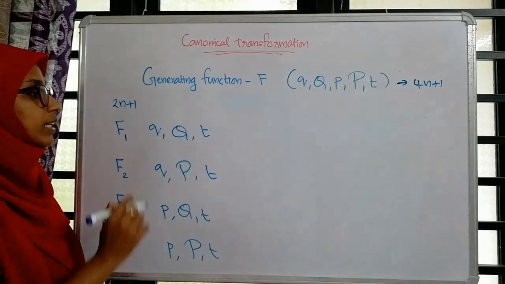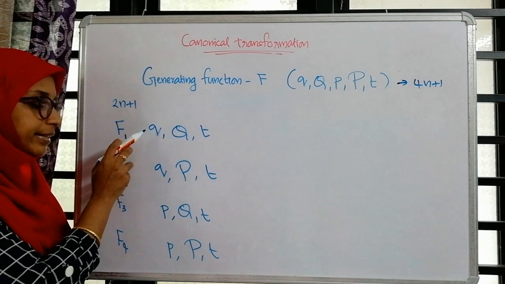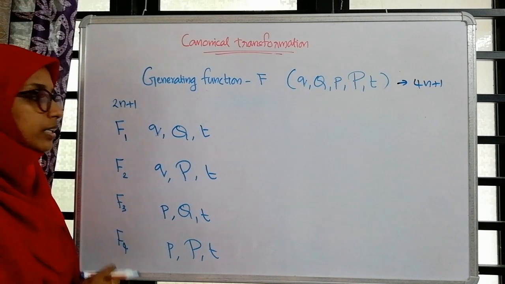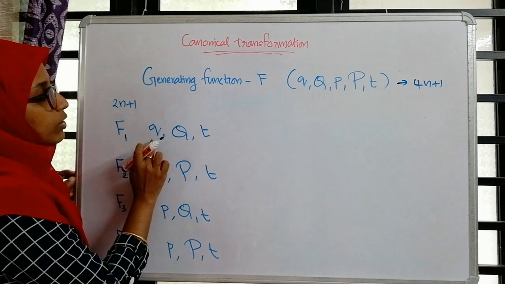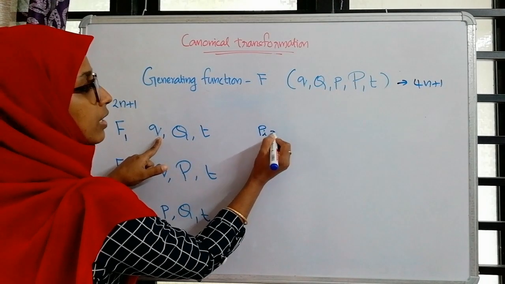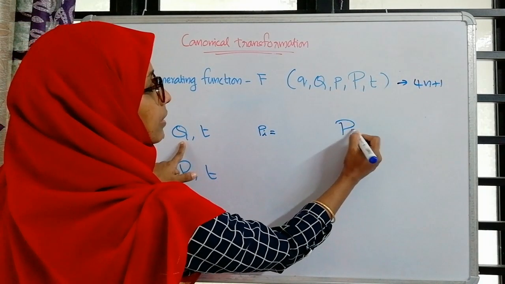We can derive the transformation equations for these four generating functions. That is, we have to derive the coordinates which are absent: small p_i is absent here and capital P_i is absent here.